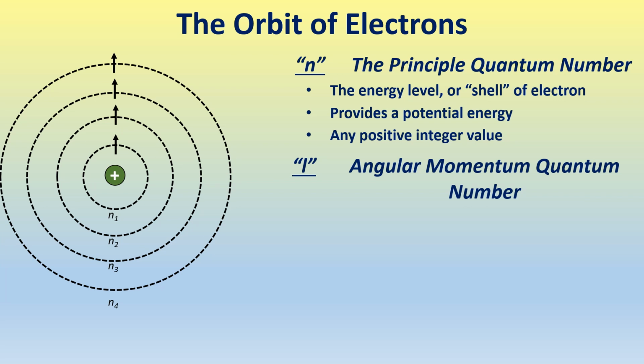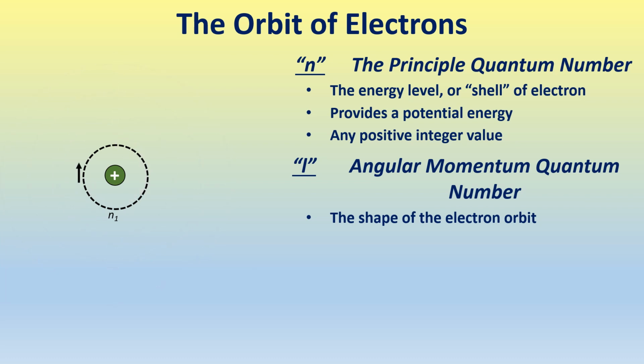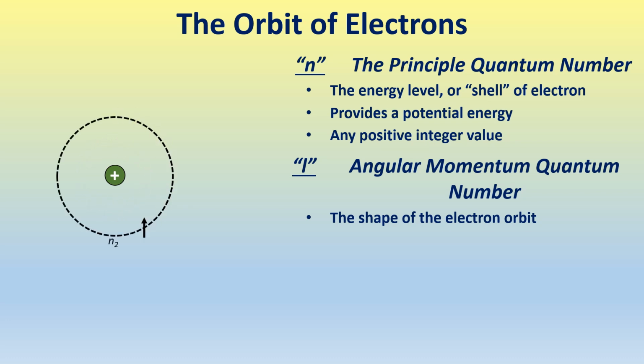This is called the quantum number l. l actually defines the shape of the orbit, hence the term angular momentum. Most orbits are thought of as round. The value of l, however, can have multiple values because there are multiple pathways possible.